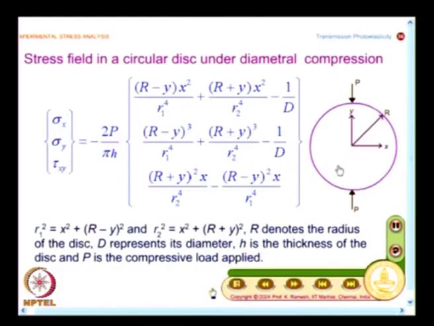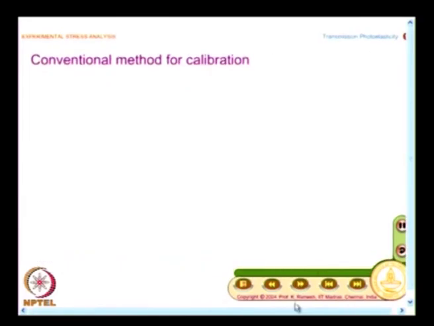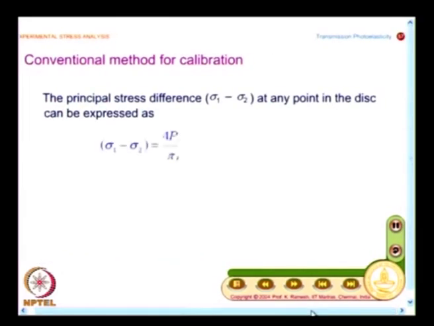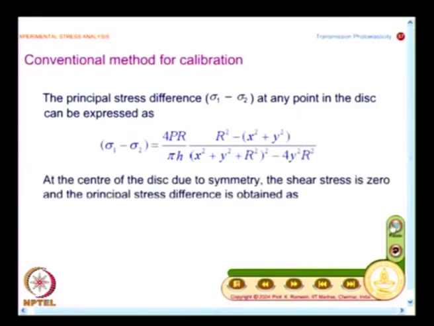What I said in the last class was to find from these expressions the value of sigma 1 minus sigma 2. In fact, what we want is the principal stress difference, and since I have the expressions for sigma x, sigma y and tau xy, it is simple to find the expression for sigma 1 minus sigma 2.